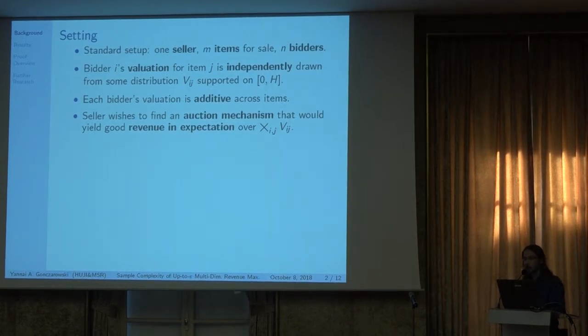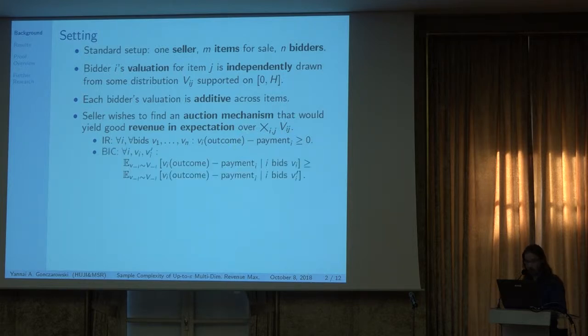Note that I said auction mechanism, not auction algorithm. This means that we have some requirements in place to make this immune to strategic manipulations. First of all, we require that for every possible profile of bids and for every bidder, the bidder's utility, which is his valuation of the chosen outcome minus his payment, is greater or equal to 0.